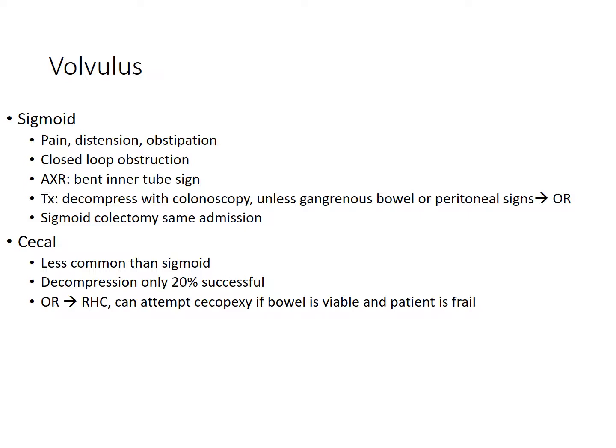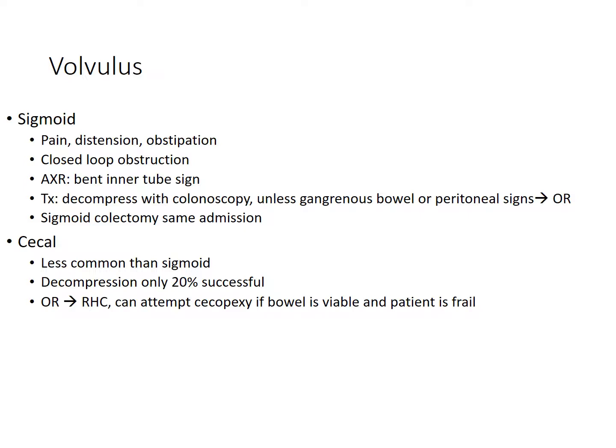So your cecal volvulus is less common than the sigmoid. Decompression isn't really used for this. It's not successful, only a 15 to 20% success rate. So these patients, more than likely, are going to need a trip to the OR. Right hemicolectomy is the procedure of choice.